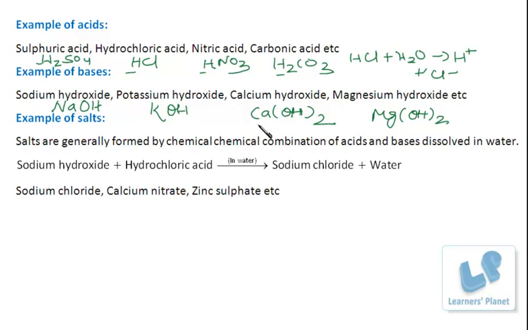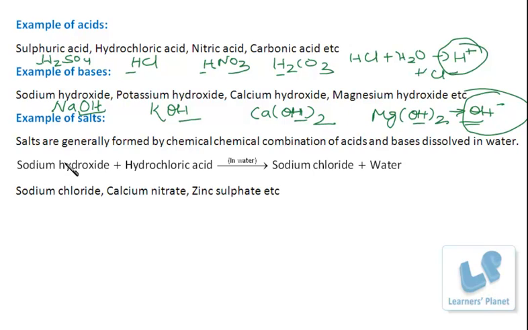So what is the thing which is common in bases? It is the presence of OH ions. So bases dissolve in water giving OH- ions. You just remember this thing that acids give out H+ ions in solution, whereas bases give out OH- ions in solution. Strong acid as well as strong base both are corrosive in nature.